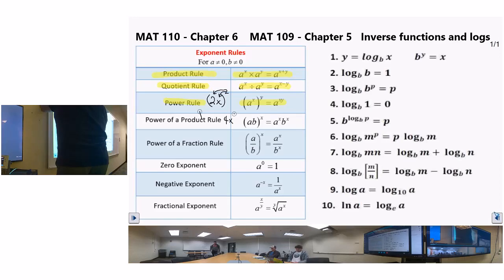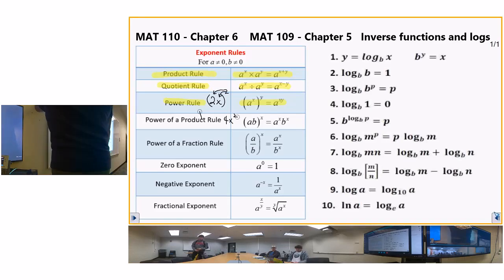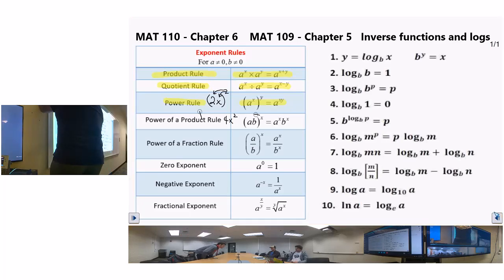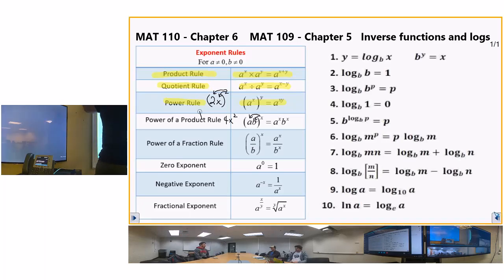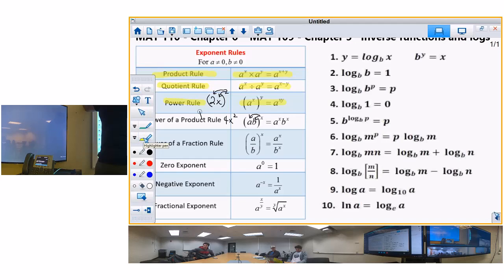And what is the most common mistake students make? They get 2x squared. They only do the square with the x. And that's what that rule says: you've got to remember to do it with both. So you use it, but it's not detrimental.